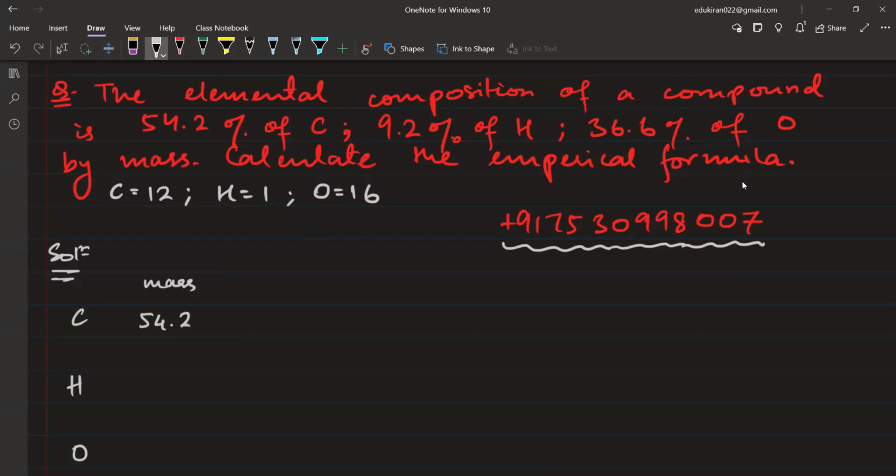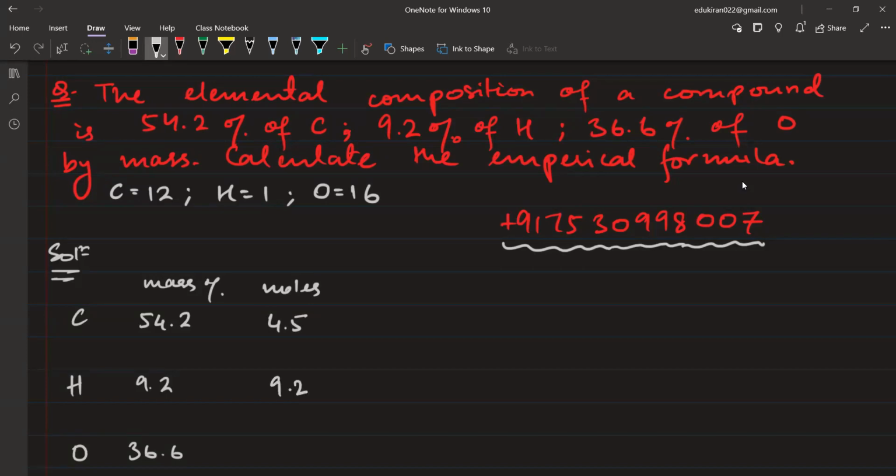This is 54.2%. This is 9.2%. And this is 36.6%, right? Otherwise, I should write the mass percentage here. So if I talk about the number of moles, then 54.2 divided by 12 will be equal to 4.5 something. For hydrogen, it will be equal to 9.2 something.